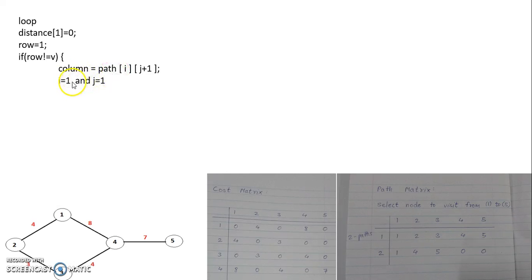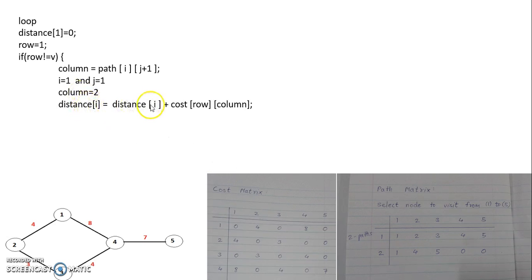The value of I is 1 and j is also 1, so we are going to check path matrix of 1 and 2, because 1 plus 1 equal to 2. The value is 2. So column will be assigned value 2.